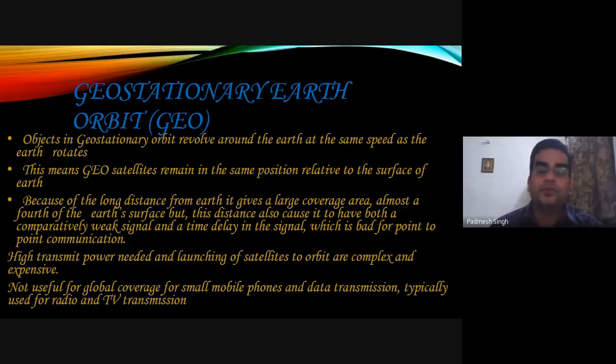It is used for radio communication or radio waves, and other popular uses in TV transmission, that is DTH services. So the requirement of a nation related with its communication and weather forecasting is fulfilled by geostationary satellites.